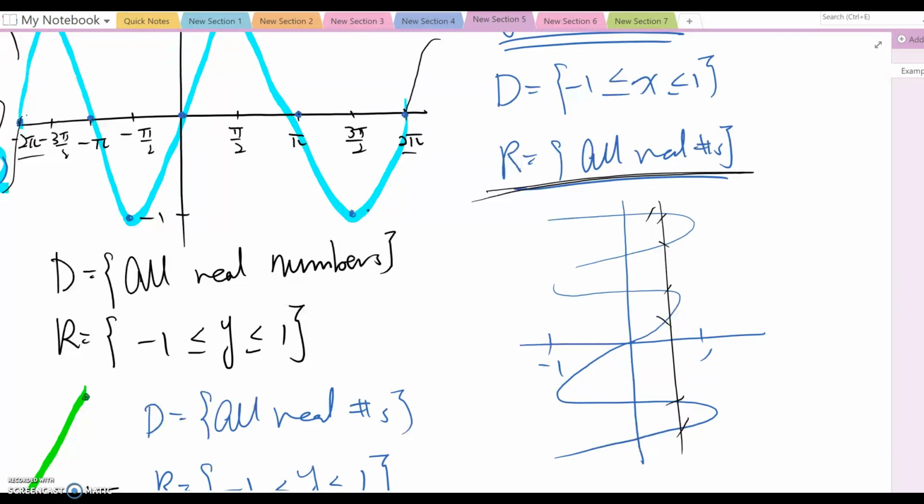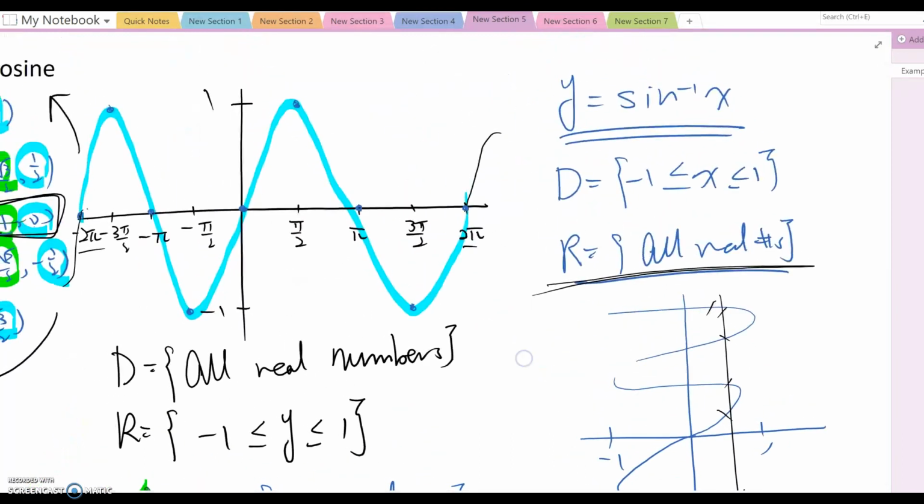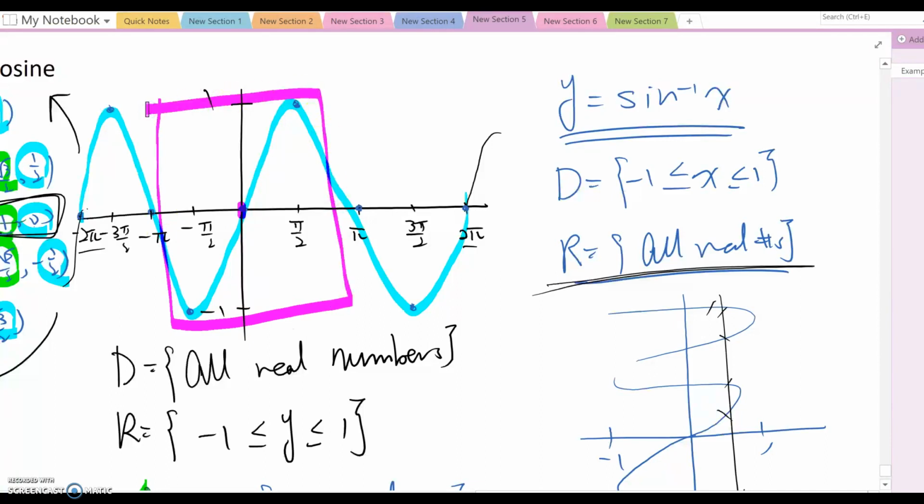So we have to find some range where we can make it a function. When you look at here, centered on this origin point, we can make this one limited. Then we can say it is kind of a function.